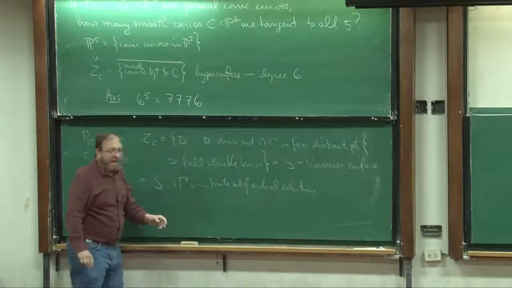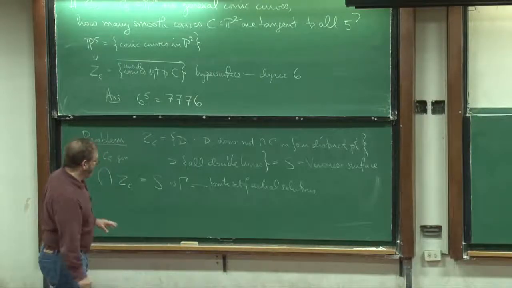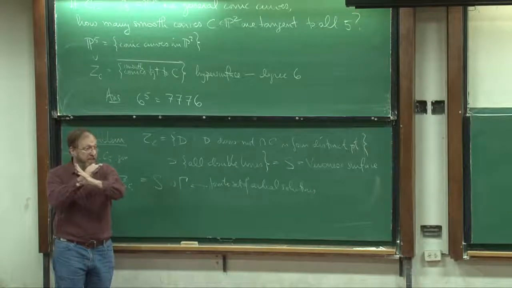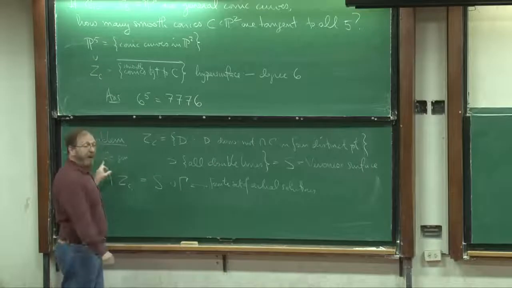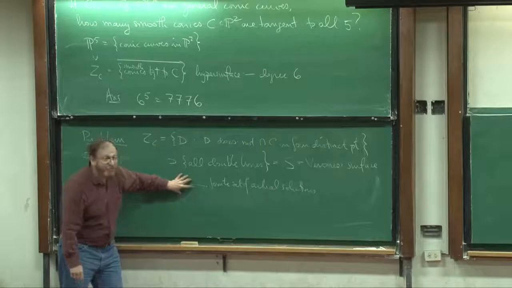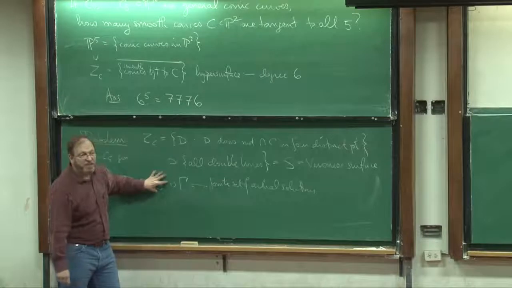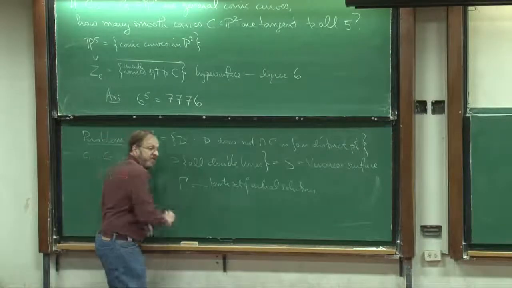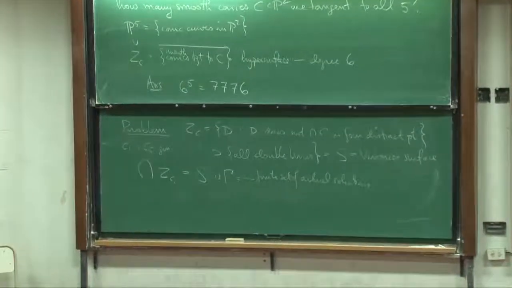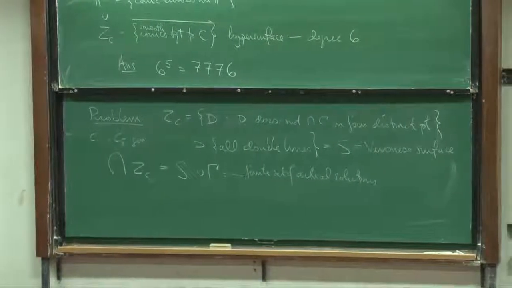As Robin points out, and it's again a nice exercise if you like to play with projective geometry, no conic consisting of a union of 2 distinct lines can be tangent to each of 5 general conics. So the intersection consists exactly of the intersection we're really interested in, the smooth conics tangent to all 5, plus this surface. And the problem is, because this surface is here, these 5 hypersurfaces, Z_Ci, can never intersect transversely. And so Bézout does not, in fact, apply.